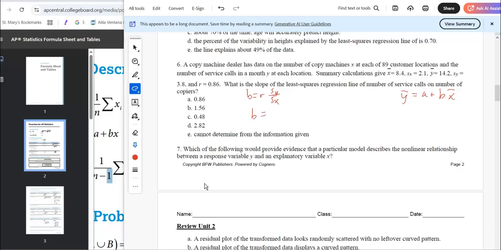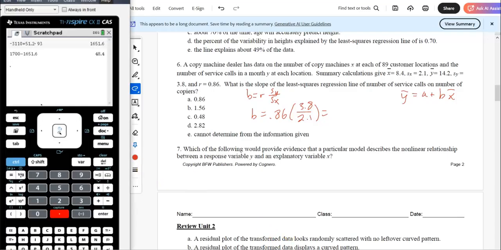So b equals r, which is 0.86, times s sub y, which is 3.8, divided by s sub x, which is 2.1. So let's get that first. So 1.55.